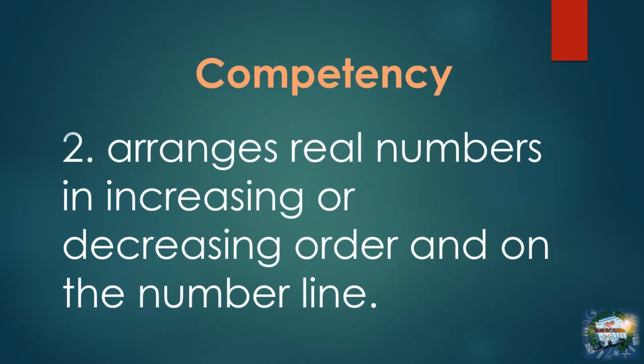So, next competency: arranges real numbers in increasing or decreasing order and on the number line. What does increasing order mean? Starting from the lowest, going up. Decreasing is starting from the highest, going down. But we will show it on the number line.